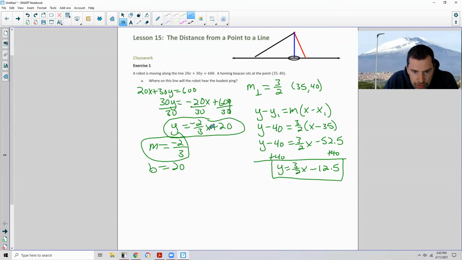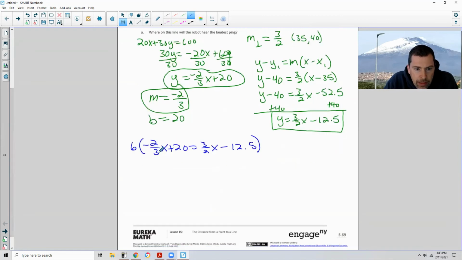So if y equals negative 2/3 x plus 20, and y equals 3/2 x minus 12.5, then negative 2/3 x plus 20 equals 3/2 x minus 12.5. So let's keep my x's positive. And let's get rid of these 2's and 3's. So I'm going to multiply this whole thing by 6, because that's the common denominator of 3 and 2.